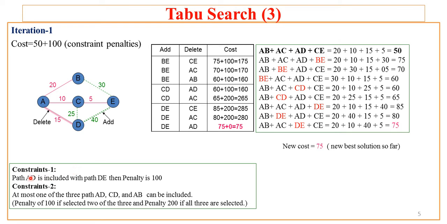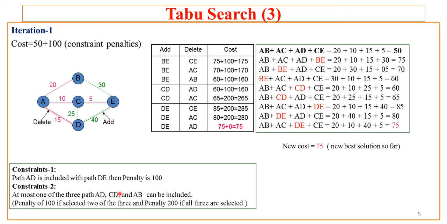So constraint 1 says that if AD is included with DE, then the penalty is 100. So here AD is included but there is no DE, so constraint 1 is not applicable. Now constraint 2 says that of these three paths AD, CD and AB, if 2 are used, then the penalty is 100. If all 3 are used, the penalty is 200, and at most one of the 3 can be included.